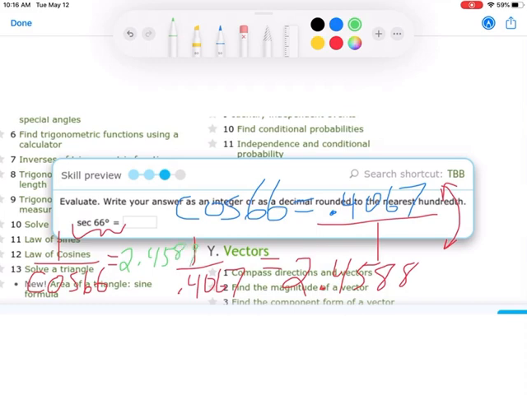Either way, my answer is going to round to 2.46. It says round to the nearest hundredth, so my answer is 2.46. Find that cosine and just flip it, or option number 2, you just do 1 over cosine of 66 right off the bat, and that's how you find that answer.